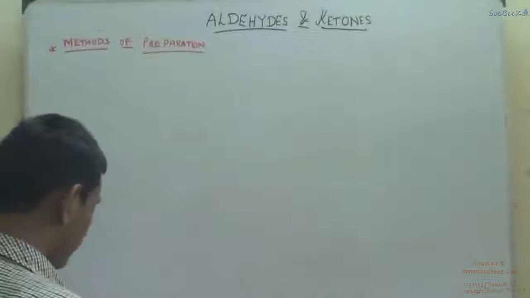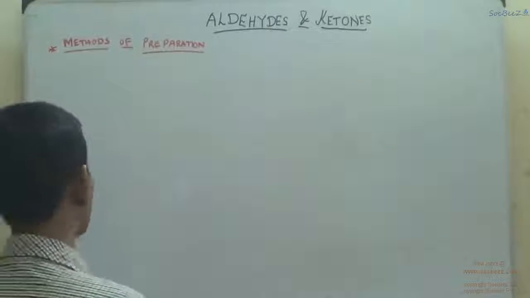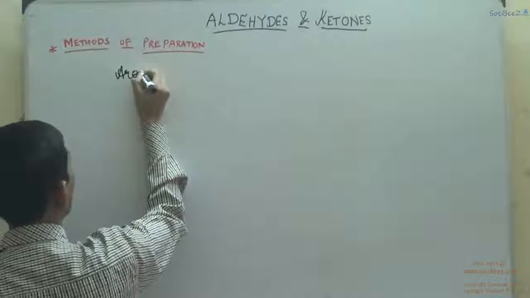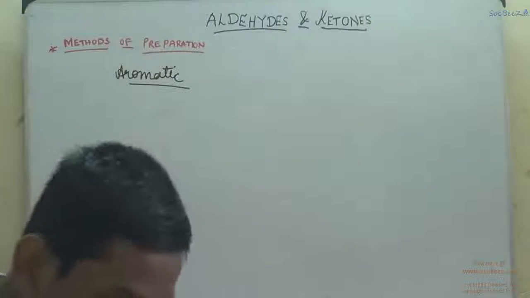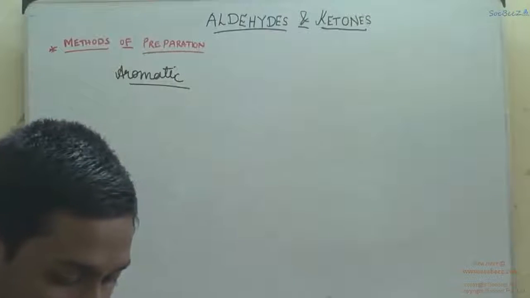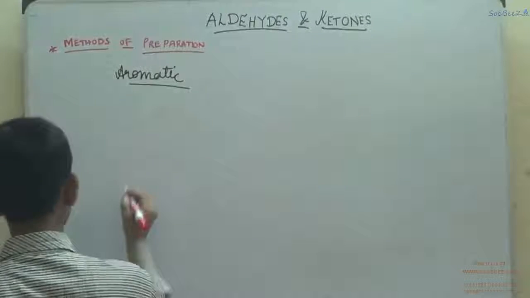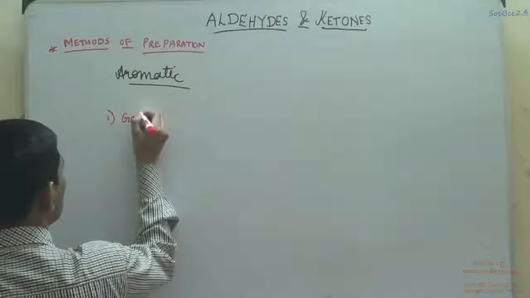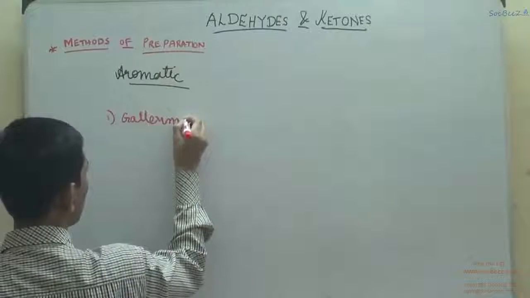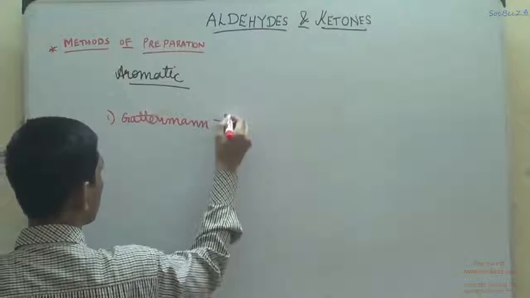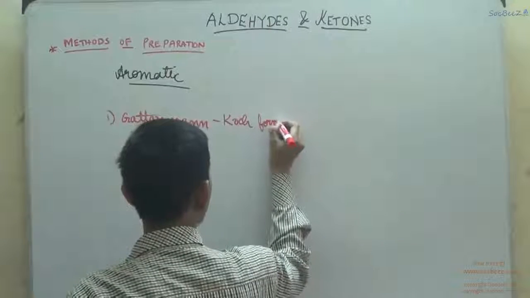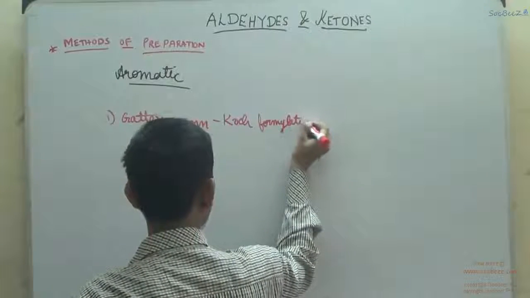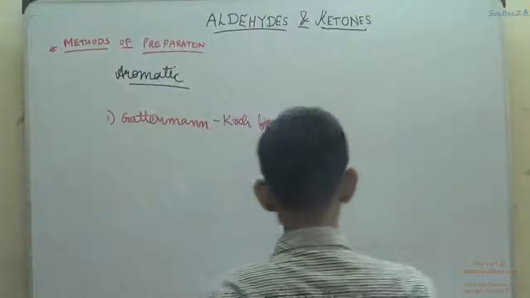Now I'll briefly mention the names for preparation of aromatic carbonyl compounds. I'll not go through the reactions because it's a kind of repetition throughout the chapters. I'll just tell you the names so that you remember. You know Gattermann-Koch formylation.